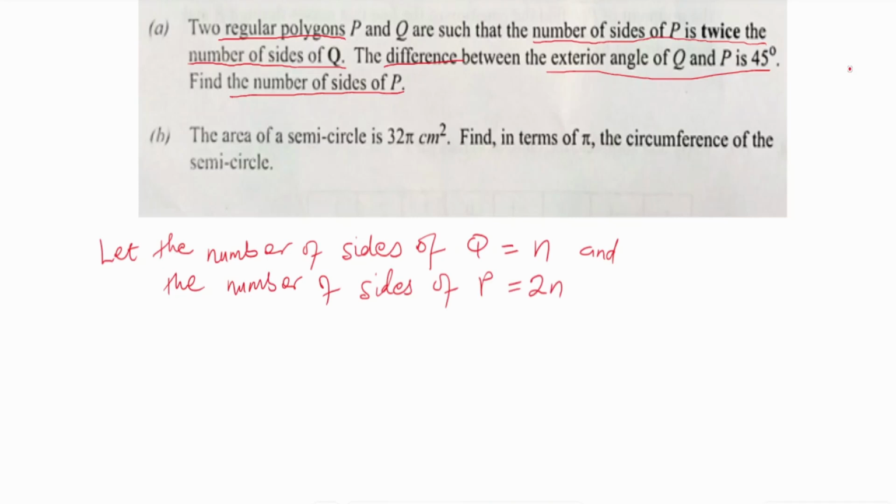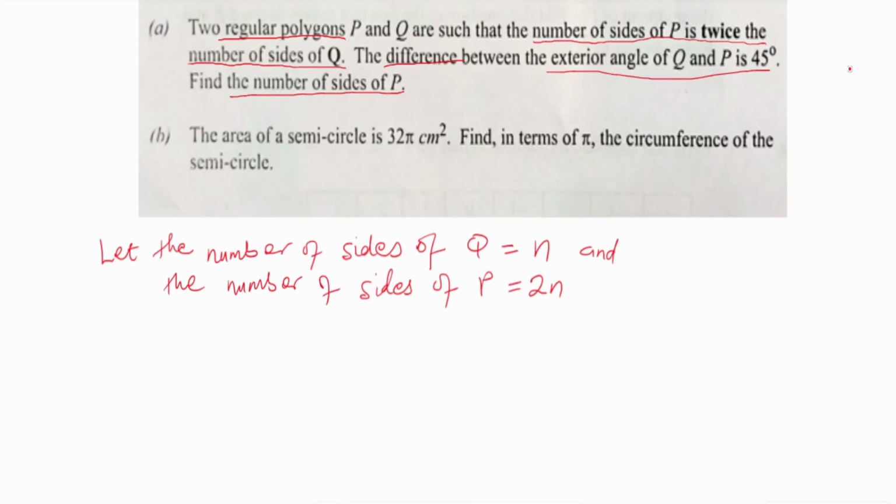Good. After showing that, now we go to the difference between the exterior angle of Q and P. And by that, we have to refresh our mind on the formula for the exterior angle of a regular polygon. If you remember that, what do you think it is? Yeah, I'm sure you are saying 360 degrees divided by the number of sides. That is good. So we'll write that for each of them.